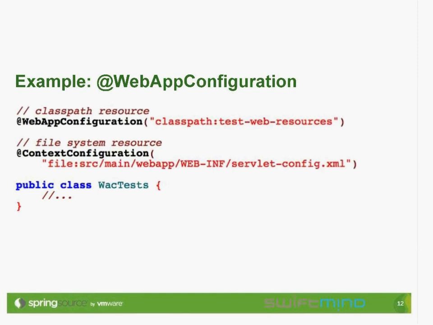And on the flip side, with @ContextConfiguration, we're overriding the default of a class path lookup with the file: prefix, and then we're specifying, for example, here, src/main/webapp/WEB-INF/servlet-config.xml. So this could, for example, be the production configuration of your servlet config XML file that you're using in a Spring MVC application where you're following the Maven directory structure. So for example, src/main/webapp being the root of your war.